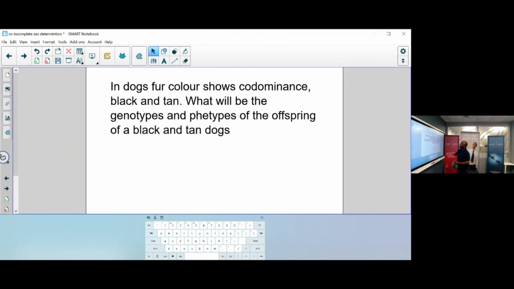It's black and tan. Those are the colors. So neither tan nor black shows dominance or recessiveness over the other. What will be the genotypes and phenotypes of the offspring of a black and tan dog? Wonderful. I want us to solve this problem. What do we do?